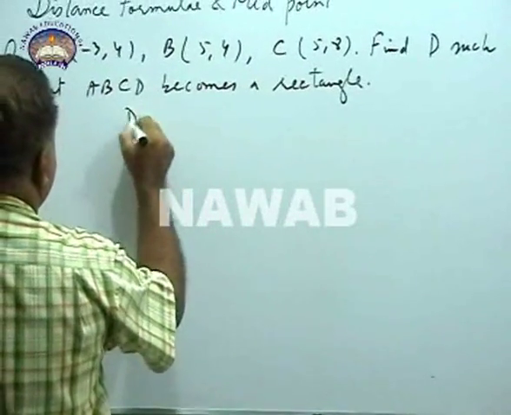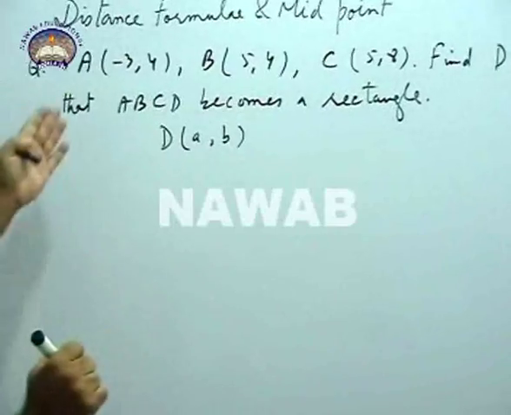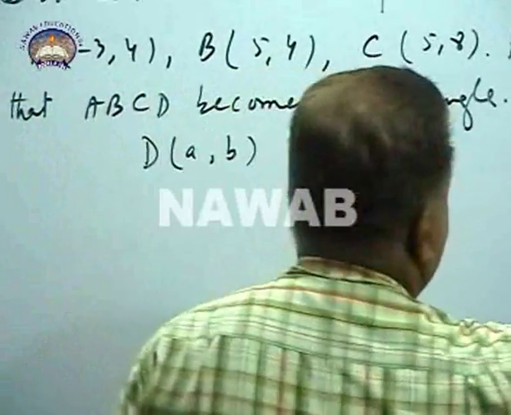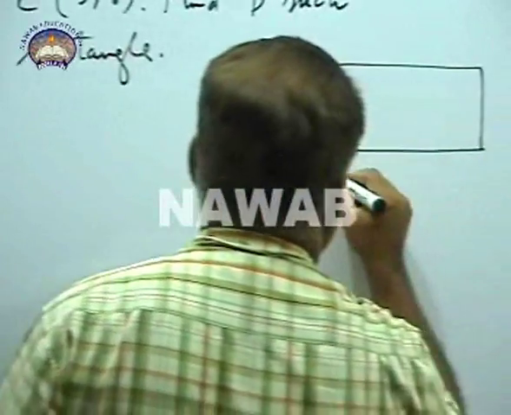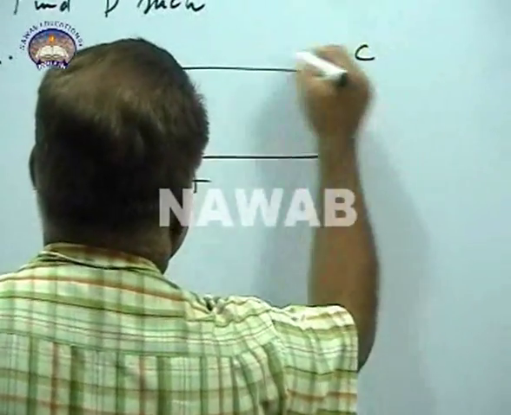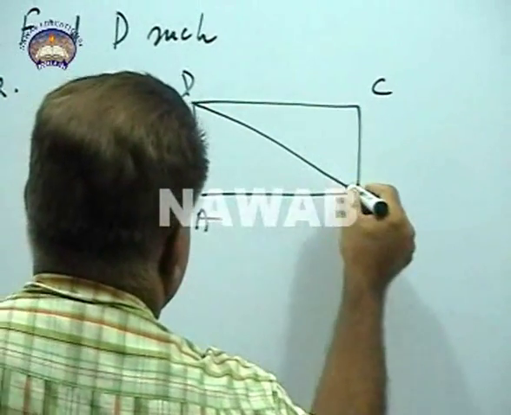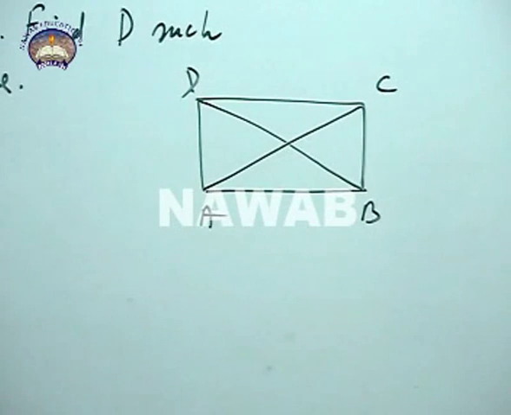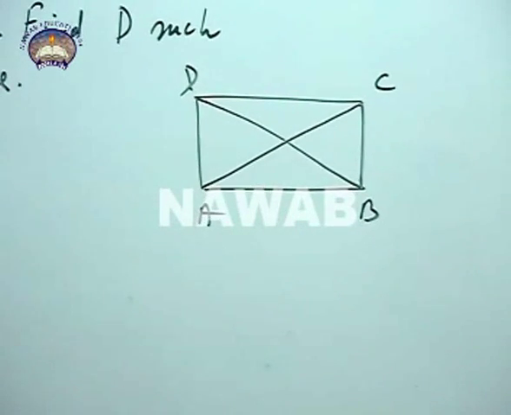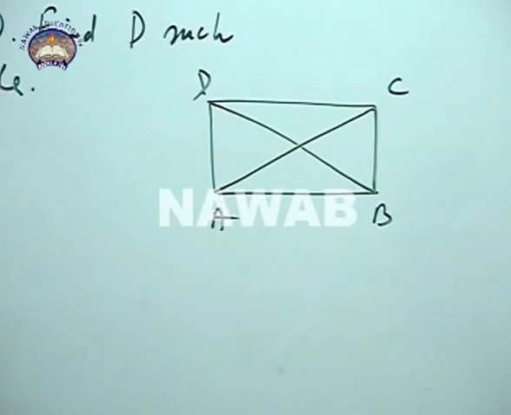Again, we suppose that let D be a and b. So definitely, if it is a rectangle ABCD, then one property we have learned is that the midpoints of the diagonals are exactly the same in a rectangle as well as in a parallelogram.